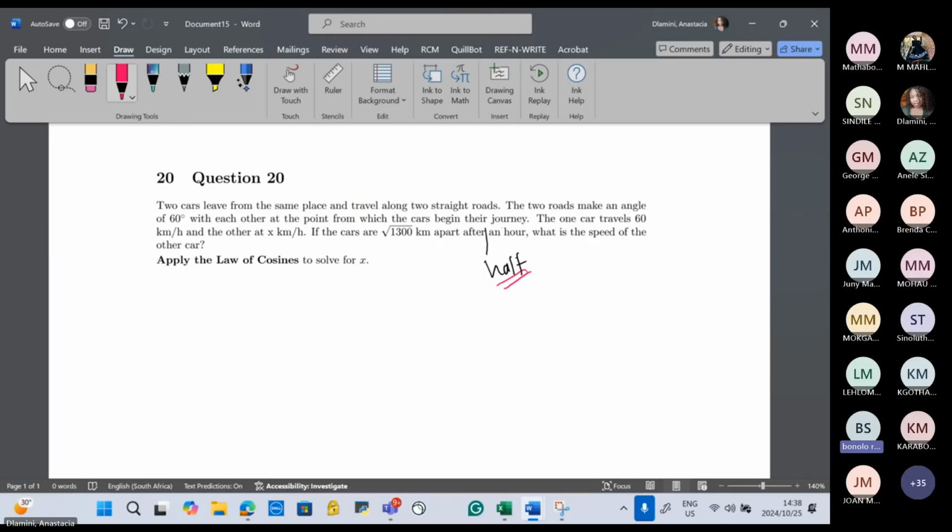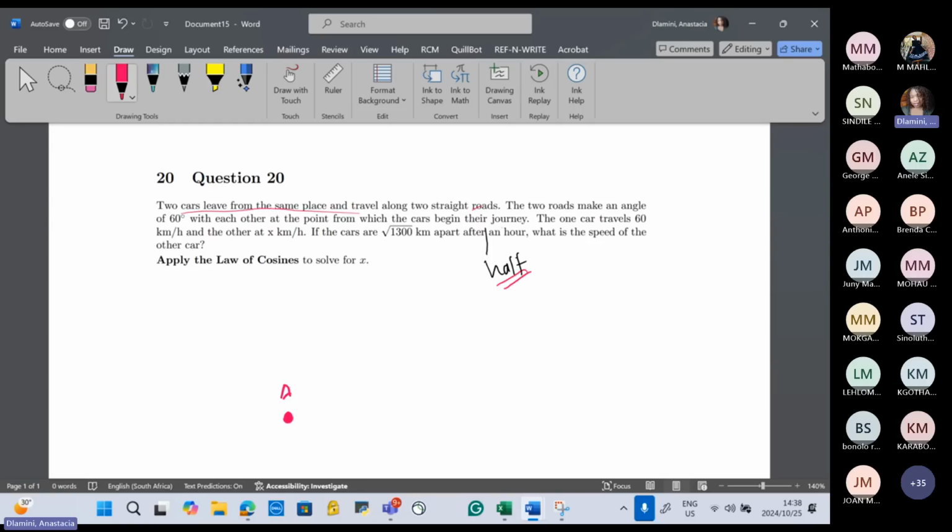Two cars leave from the same place and travel along two straight roads. So two cars are moving from the same place, right? They start here, both of these cars. From this statement it says they travel along two straight roads, isn't it?